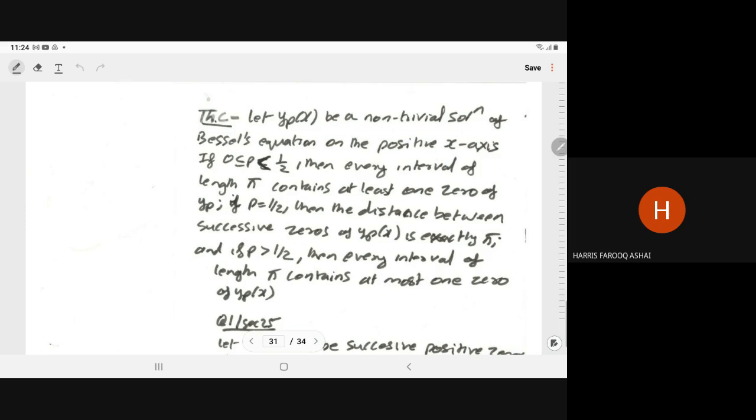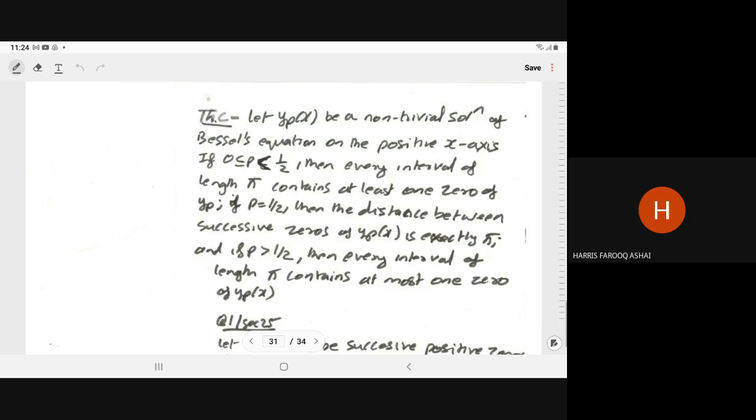Now the theorem based on the Bessel equation, the last theorem, theorem C. Let yp be a non-trivial solution of Bessel's equation on the positive x-axis. Here yp means the solution of Bessel's equation for different values of p. That's why it is yp, not a particular solution.